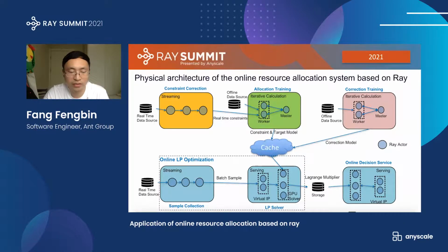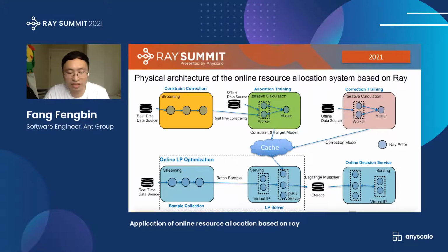The whole implementation of the real-time planning algorithm includes 5 parts. The first part is constraint collection. There will be some gap between the final result of business system resource allocation and the result of algorithm decision. The constraint achievement can be accumulated by using streaming, and the real-time constraint achievement can be provided to allocation training.